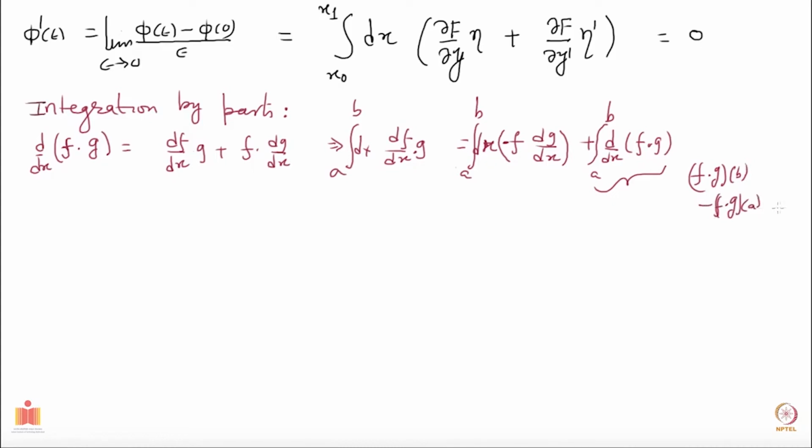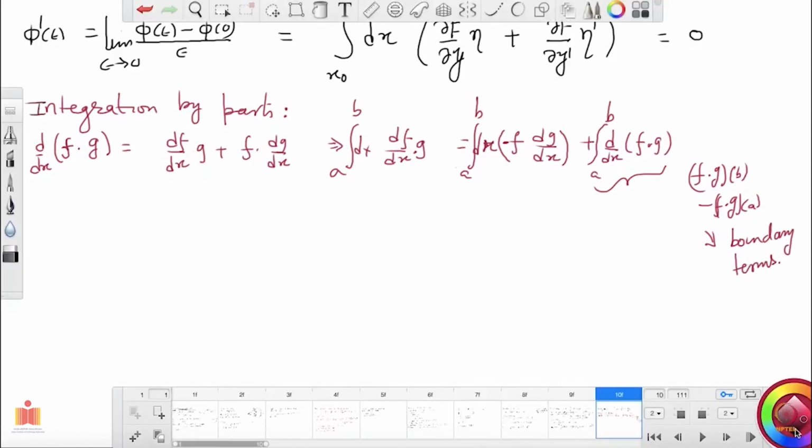And many times you will not have a boundary term because maybe one of the functions is fixed and it's not allowed to change, so this will be 0. Okay, you'll see. But anyway, there is a boundary term, so you should remember these are called boundary terms. Okay, so let's use that in our analysis.